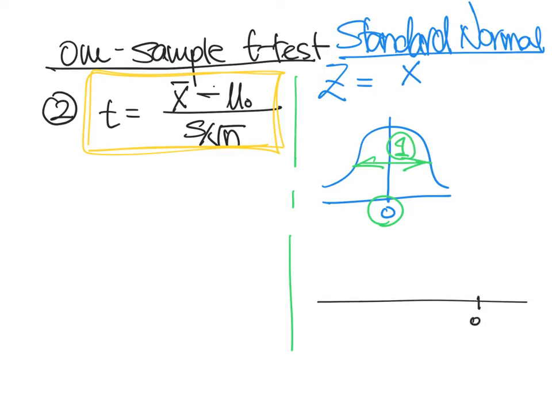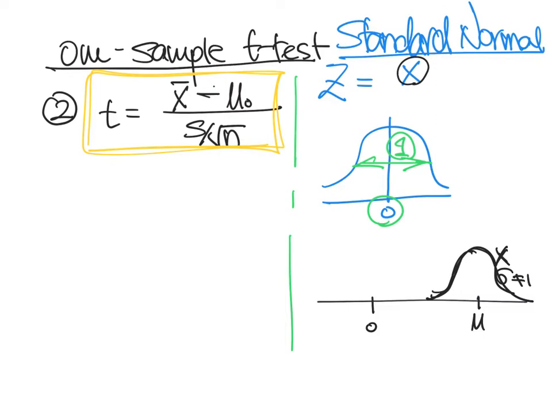Here's a 0, and we have any kind of normal distribution here, let me say the X, right? And probably the mean is not equal to 0, and the standard deviation is not equal to 1. So any kind of normal distribution X is here.